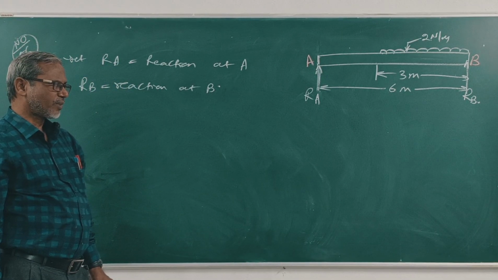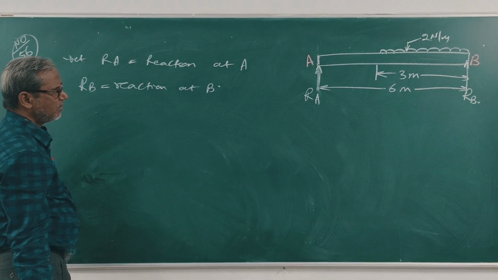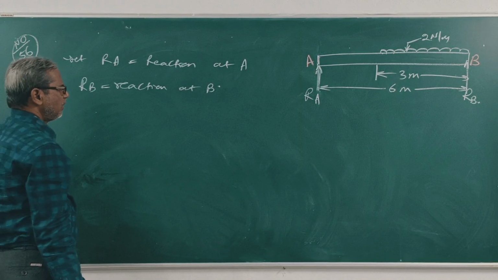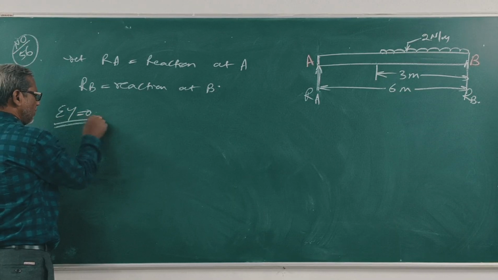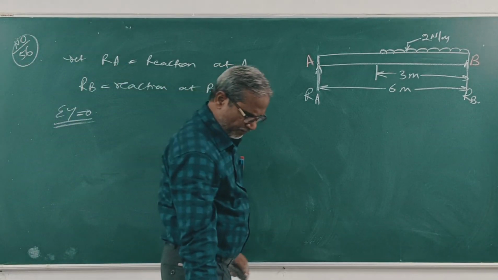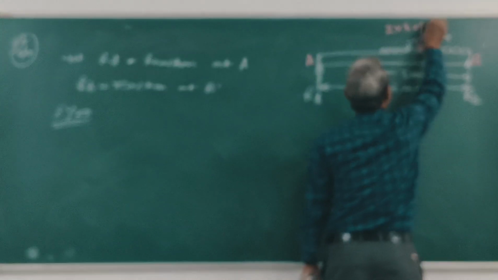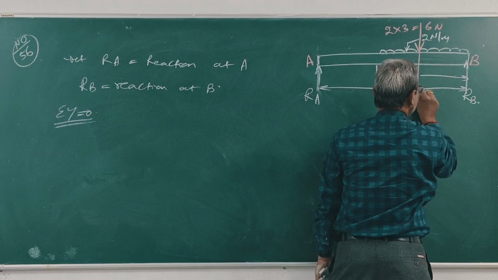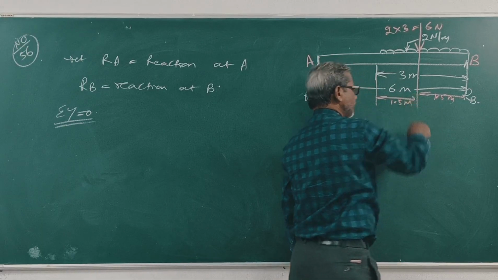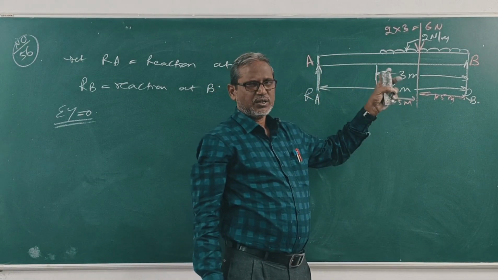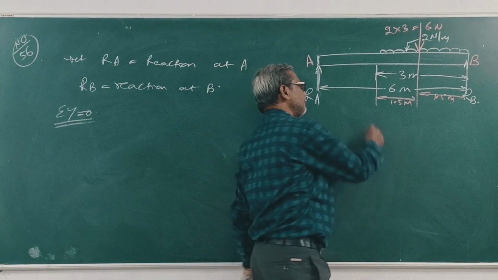Now, sigma Fy equals 0. The total load is 2 into 3, that is 6 Newton, acting at half of the length BC, that is 1.5 meter, at point C.